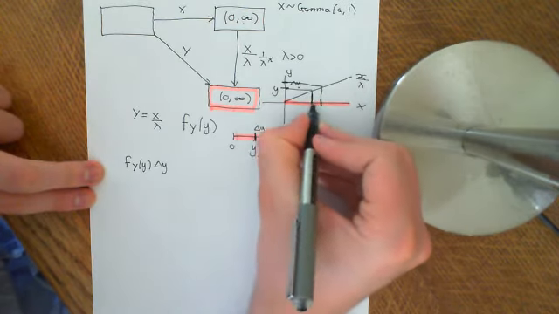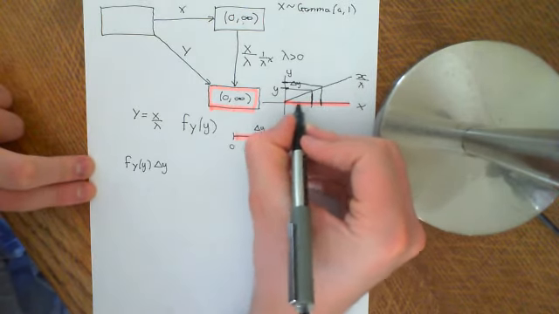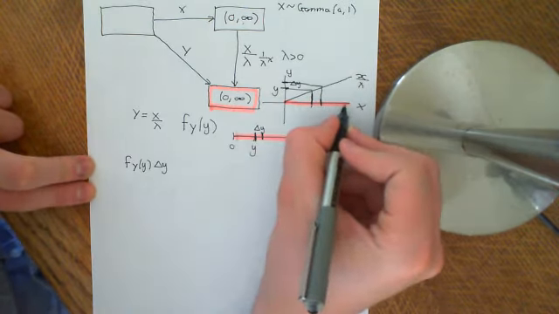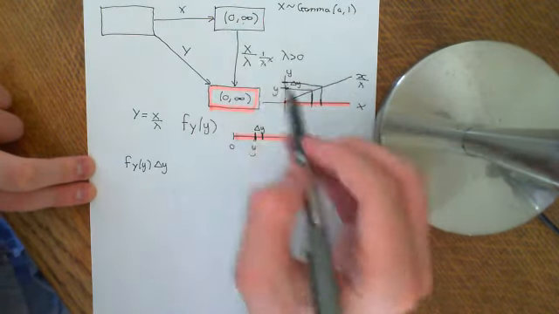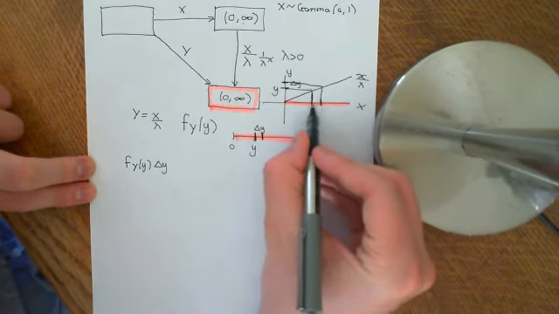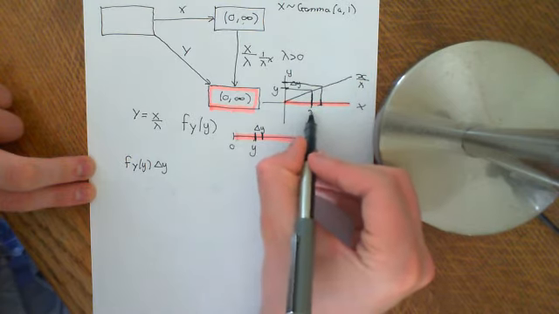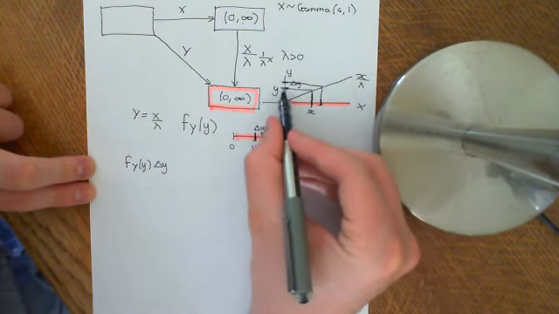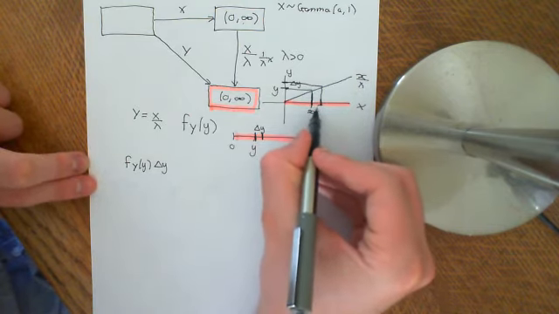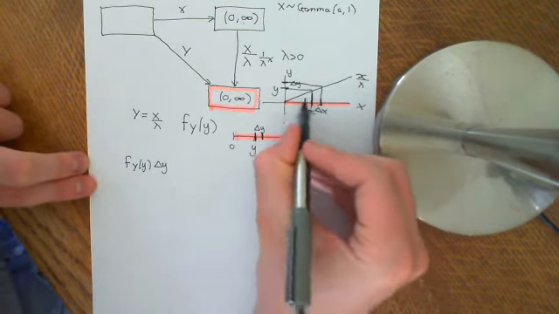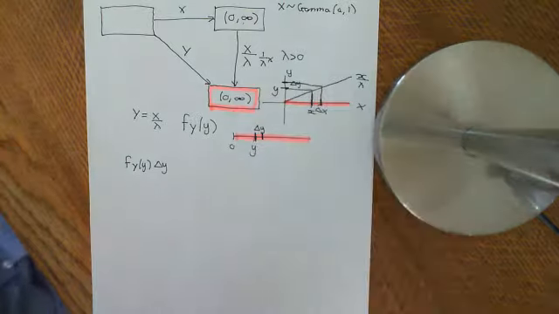We need to work out what this interval is in the domain, and then we can use the fact that we know the PDF on this probability space and say, okay, if we want to work out the probability of that interval, we just evaluate the PDF at this point, let's call it little x, which is the inverse point of y, and multiply it by the size of this interval, let's call it delta x here, which is the inverse of delta y, if you like.